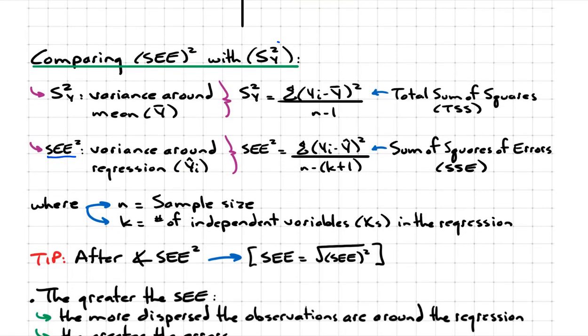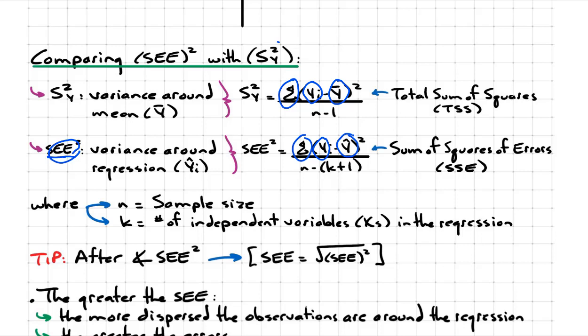So then look at the similarities. We still have to do the sum because we want to measure the dispersion on all the observations. So you still have that observation, but whereas variance looks at the deviation from the mean, standard error looks at the deviation from the regression line.